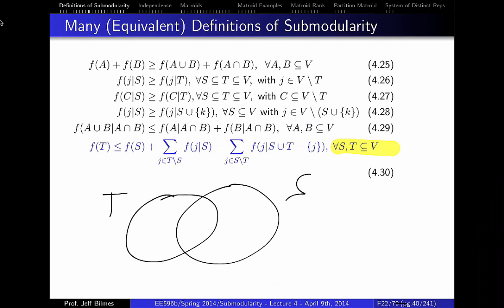There's no relationship between S and T, so they're arbitrary. It's saying that f of T is upper bounded by f of S plus the stuff that's in T but not in S, minus the stuff that's in S but not in T. Notice that we're summing, so it's the sum of singleton elements.